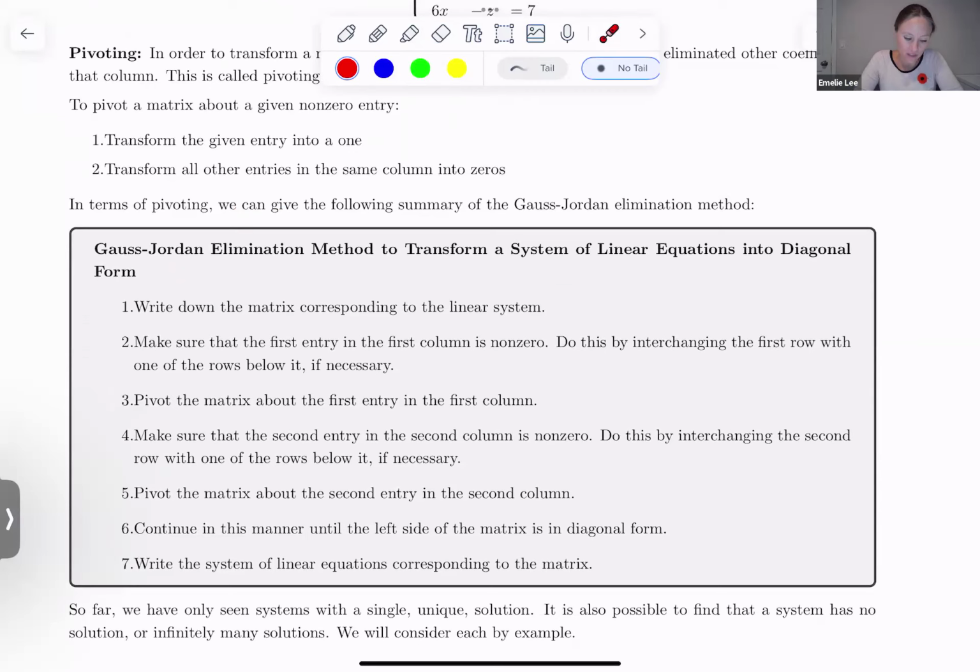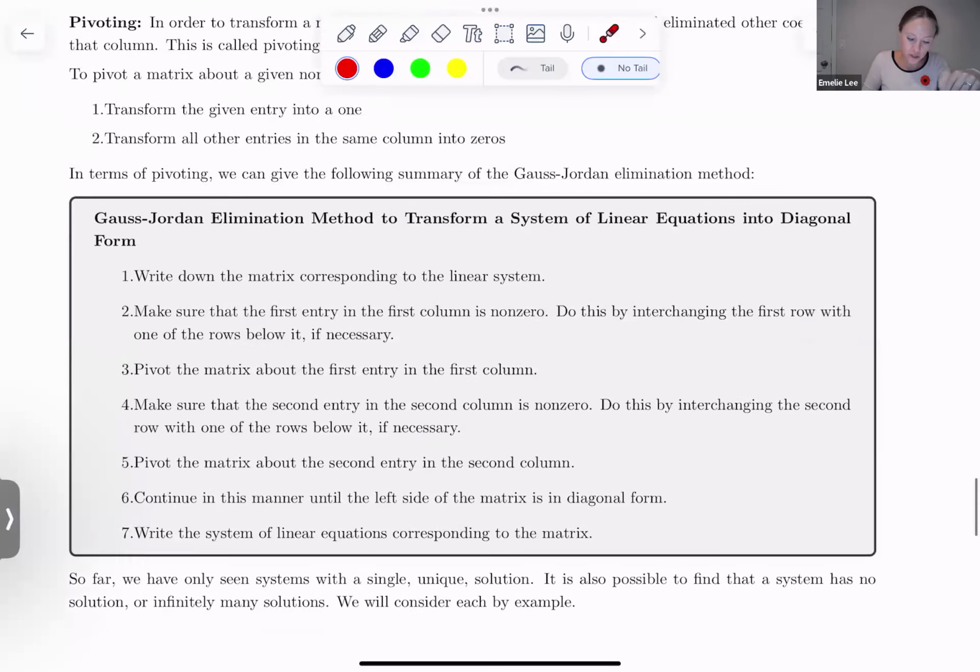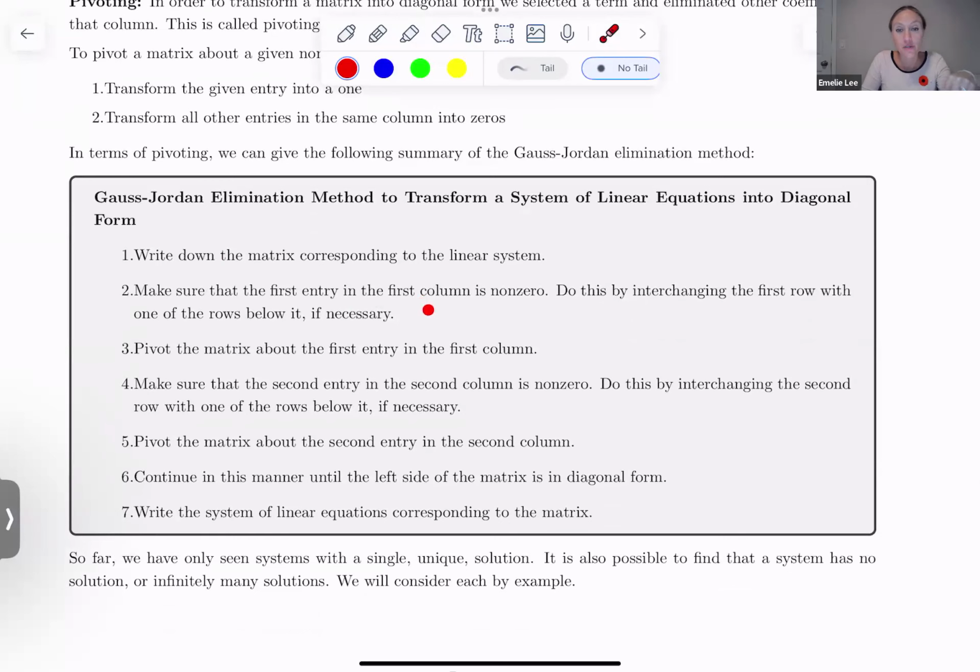What we have been doing is we write down the matrix that corresponds to the linear system. And then we make sure that the first entry in the first column is non-zero, just like we did in the previous example, which means you might need to interchange rows, maybe.